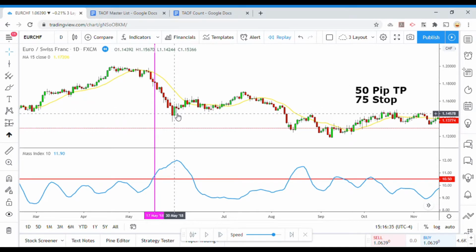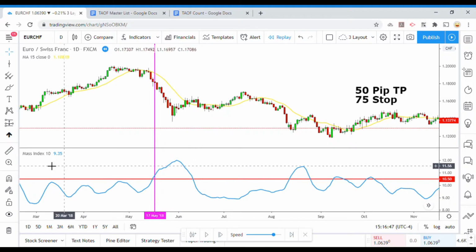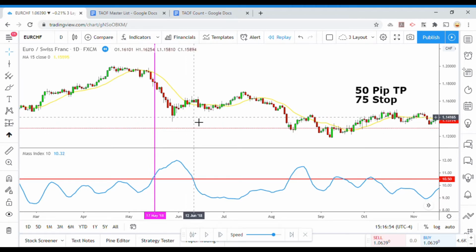And so we are looking for a reversal to an uptrend to take place. And that would happen when the line crosses back down below the red line. So when the mass index crosses back below the red line, the designation line, that would then be our signal to go long in this particular case.